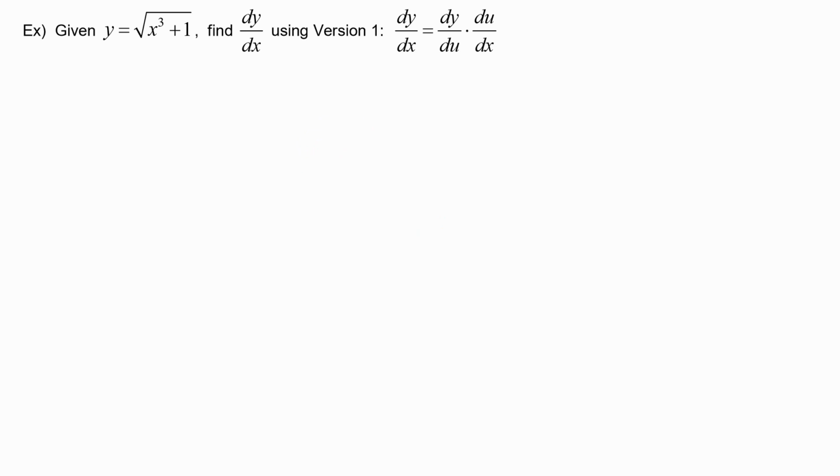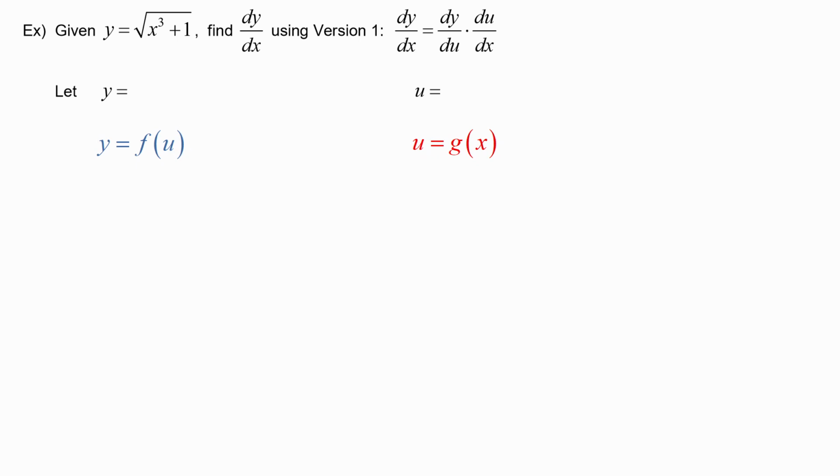In this example, given y equals the square root of the quantity x cubed plus 1, find dy dx using version 1, which is dy dx equals dy du times du dx. So first off, we will need to define our y function and the u function.